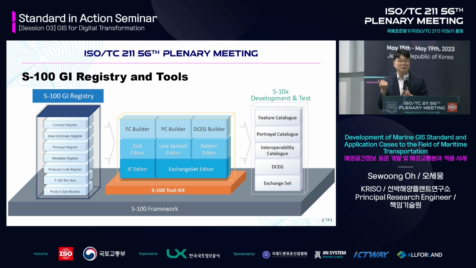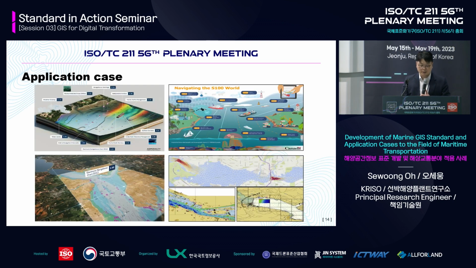And each feature catalog, to build the feature catalog, there are tools for building feature catalogs. There are the portrayal catalog builders, and all those tools come into play as well. So you see the toolkit. I understand there's only limited time left for me, so moving on.